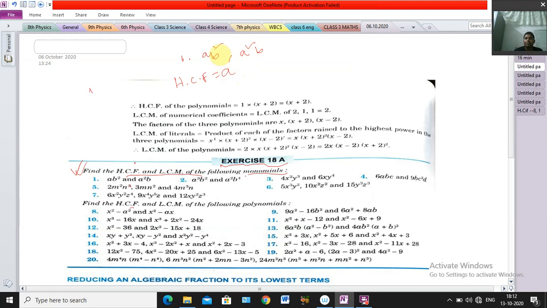Next, here B square is given, but there only B is given. So for the common portion B will be taken, because B square is not in both. So AB is the common factor, and AB is the highest common factor.